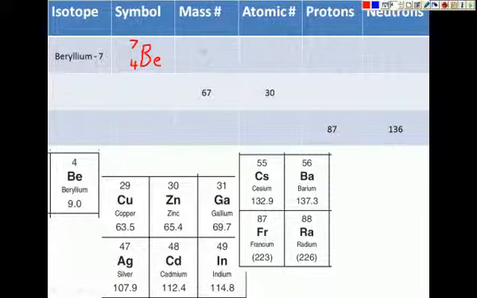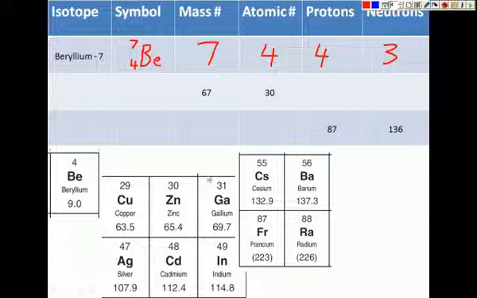So the mass number, again, is 7. The atomic number is 4. If you remember, atomic number equals protons. So our proton number is also 4. Mass number is protons plus neutrons. So the difference between these two is 3. There are 3 neutrons in here.